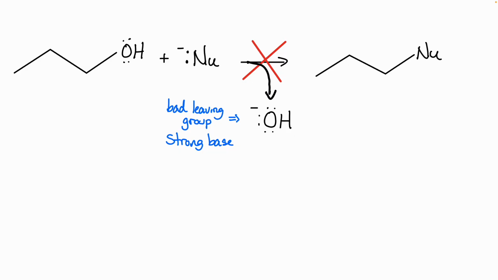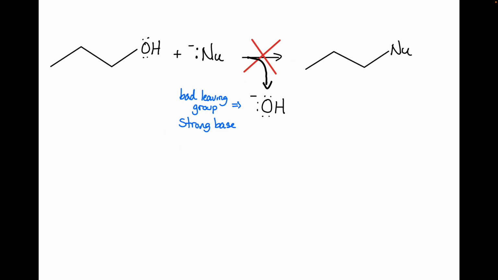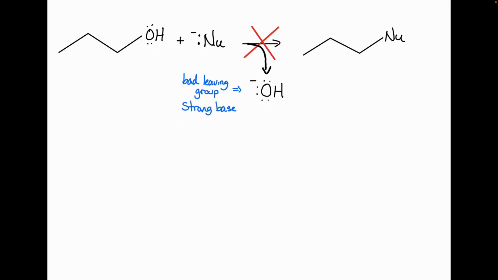All right, so in our substitution of alcohols, we're going to have this strategy, and we're going to have a few ways to do it, but we're always going to have the same strategy, which is that first, we're going to need to convert that bad leaving group to a good leaving group.